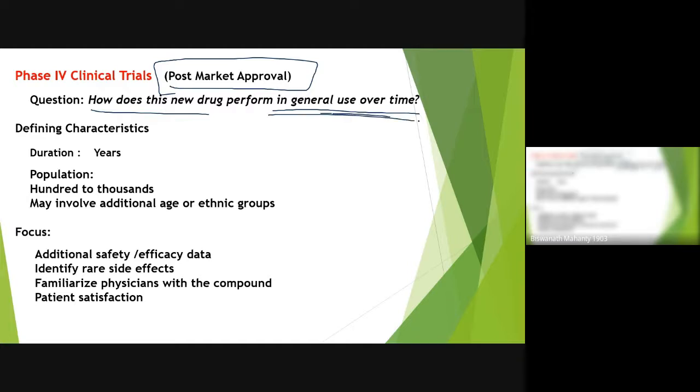1 day, 10 days, taking something may not give you any effect until or unless it accumulates in your body. So the long-term effect can be something different, which you are not expecting out of your formulation. And that can take some years, not only 1 or 2 years, maybe 10, 20, 30 years may also be required. So what is the focus? Any safety issues, if they are coming up, or efficacy issues, in some cases you never know.